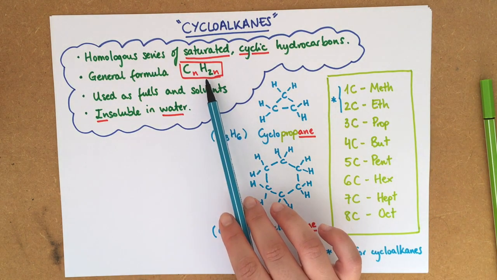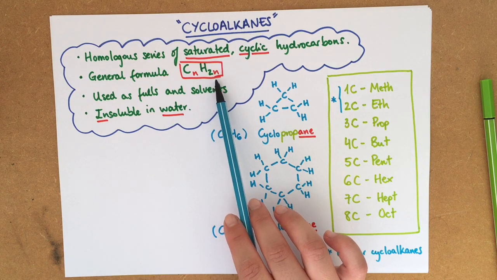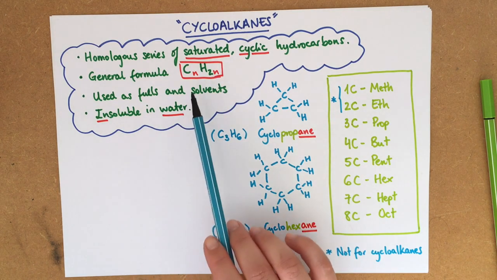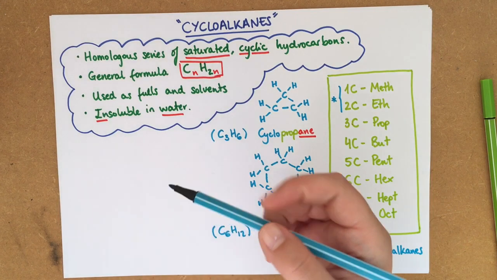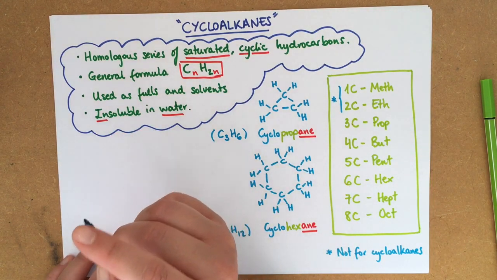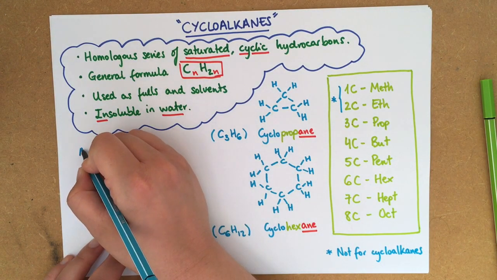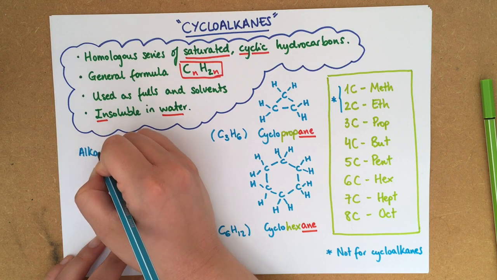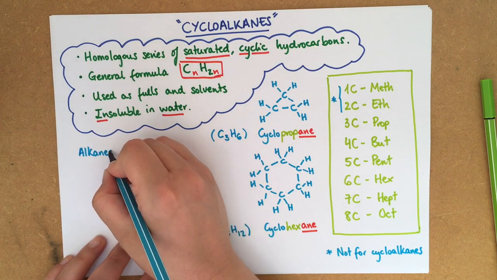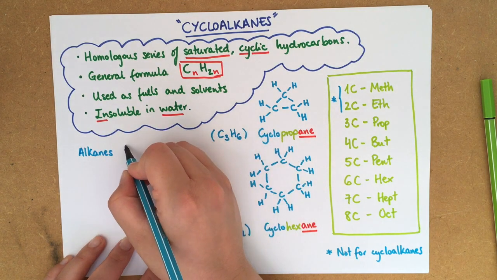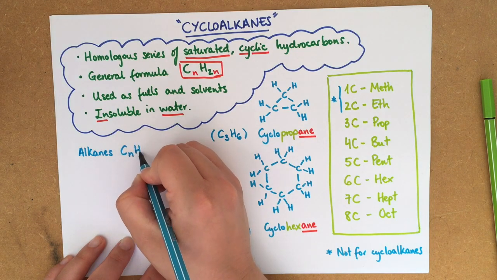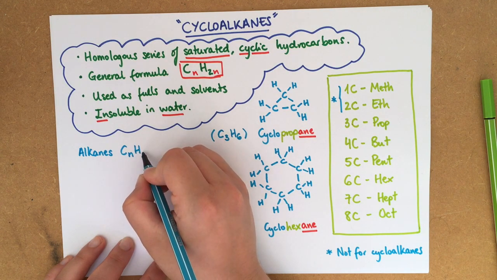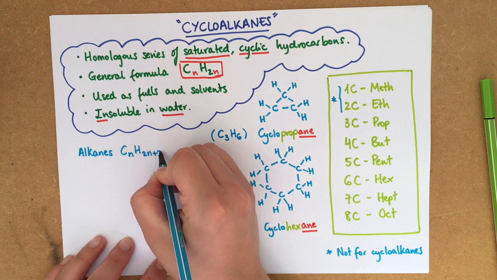However, the general formula is different from alkanes because if we remember, the general formula for alkanes was CnH2n plus 2.